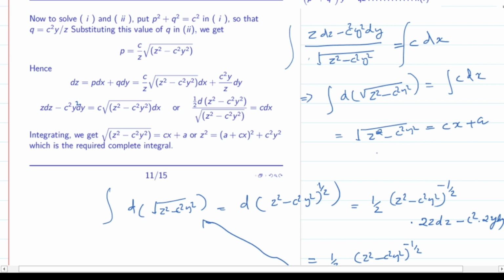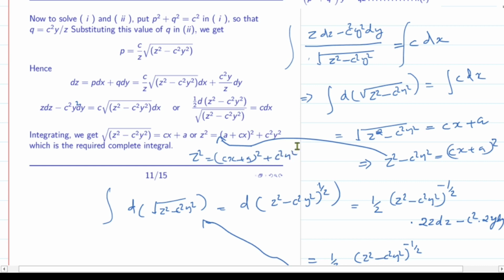Now you can square it and get the answer in a better form, which implies z square minus c square y square is equal to cx plus a the whole square. Or you can take this term outside and write the function as z square equal to cx plus a the whole square plus c square y square, which is the required answer. Here I mistakenly put 1 by 2, so you just overlook that.